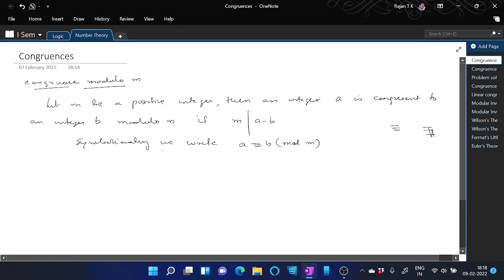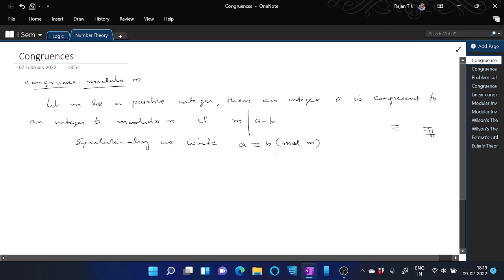Thus, a congruent to b modulo m means m divides a minus b. That is, a minus b is divisible by m. The two integers a and b are such that a minus b is divisible by m, which is a positive integer. Then we say a is congruent to b modulo m.